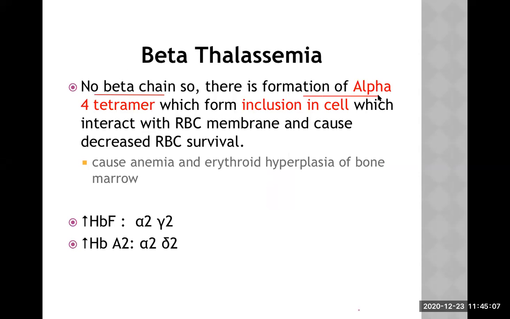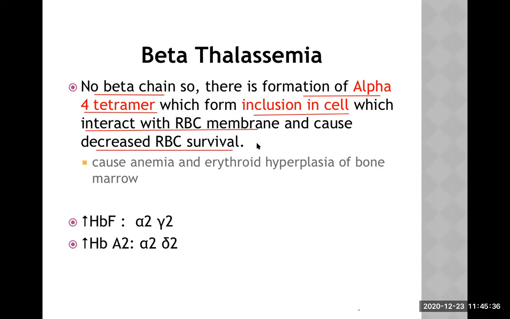So there is formation of alpha 4 tetramer, which forms inclusions inside the RBC. And these inclusion bodies interact with the RBC membrane, and then that RBC membrane will become very rigid. That will lead to decreased RBC survival by causing lysis of the RBC, or our immune cells will remove this defective RBC.